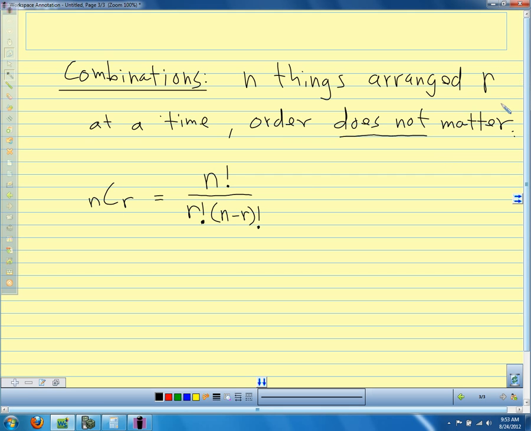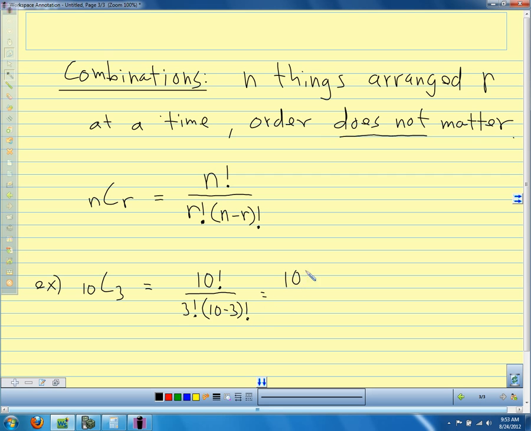So let's look at a calculation and then we'll do a couple of examples with combinations. So if I want to calculate, let's do 10C3. We want to calculate that. So this is just going to be 10 factorial over 3 factorial times (10 minus 3) factorial.